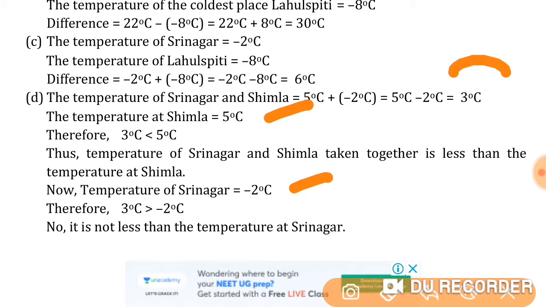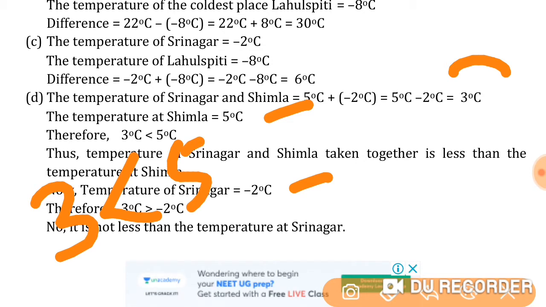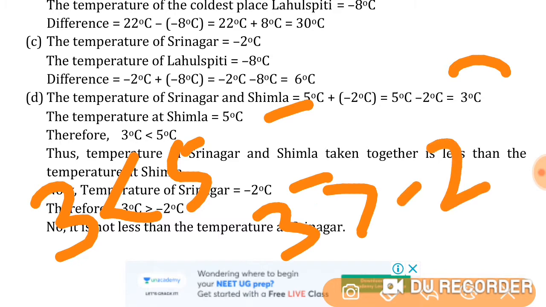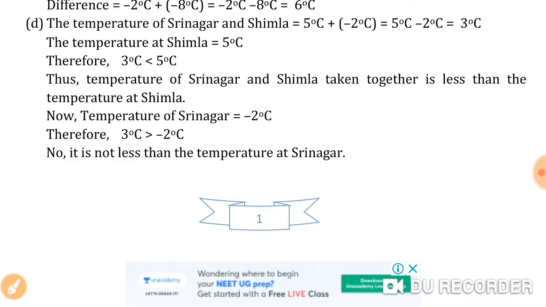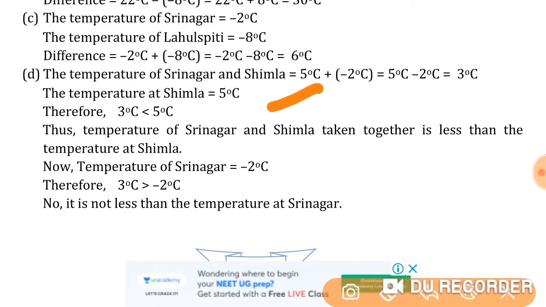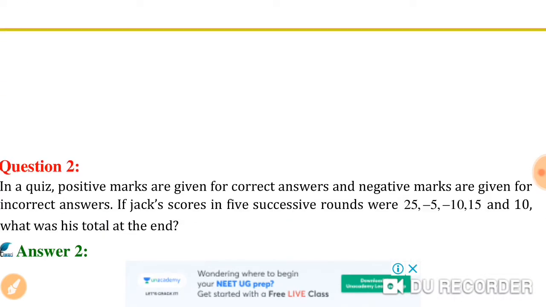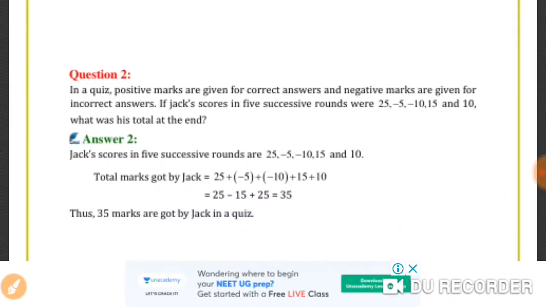So 3 degree is always less than 5 degree positive. So it is less than Shimla. Then 3 is greater than minus 2. So it is not less than Srinagar. So that we have written in the answer here. Okay. Detailedly we have written in the answer. So go for the next question.